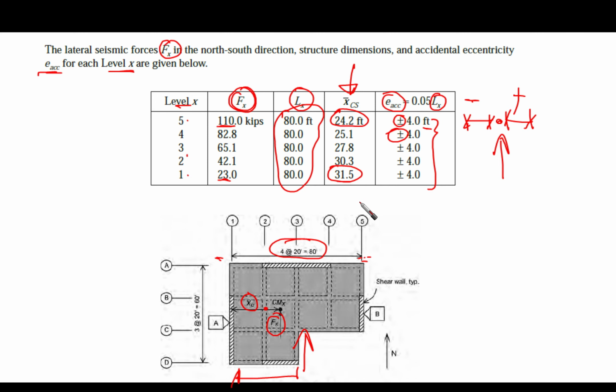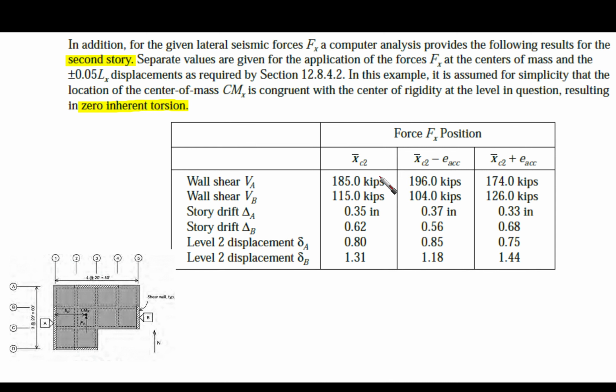Now let's go to the next. We have obtained all the dimensions, but we need to know the straining actions at the shear walls, shear wall A and shear wall B. We want to know the straining actions for the cases where the force is applied at the center of mass, x bar, or x bar minus the eccentricity, or x bar plus the eccentricity.